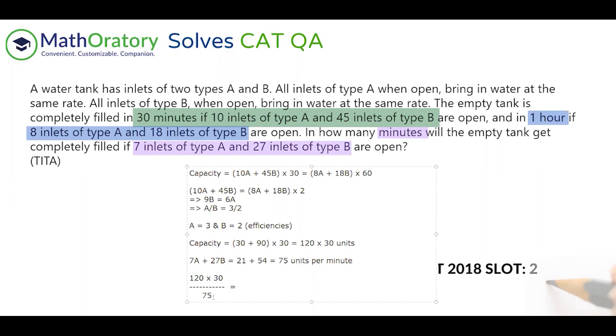You can cancel the 15 with the 30. 120 divided by 5 is 24, and 30 divided by 15 is 2. So you have 24 into 2, that is 48 minutes. We can complete the total work in 48 minutes. That should be the answer.